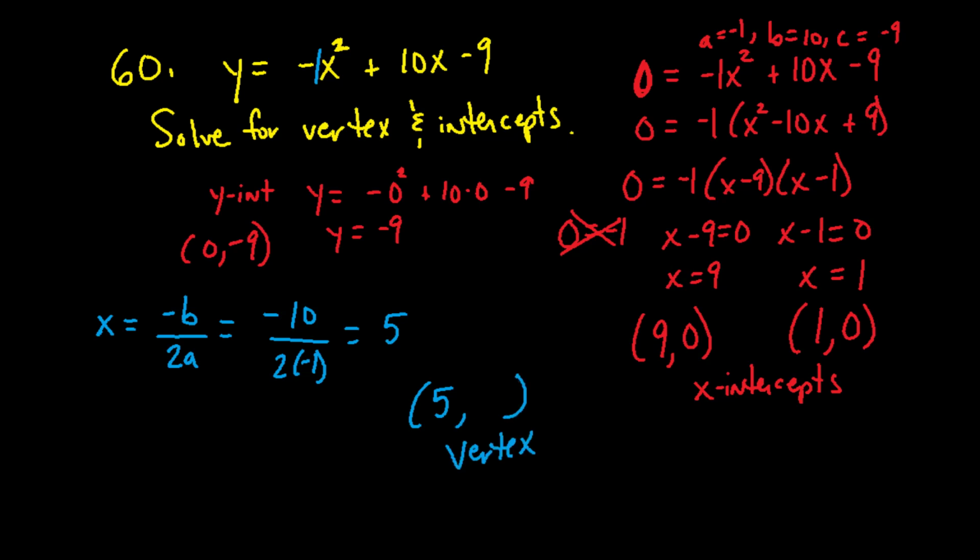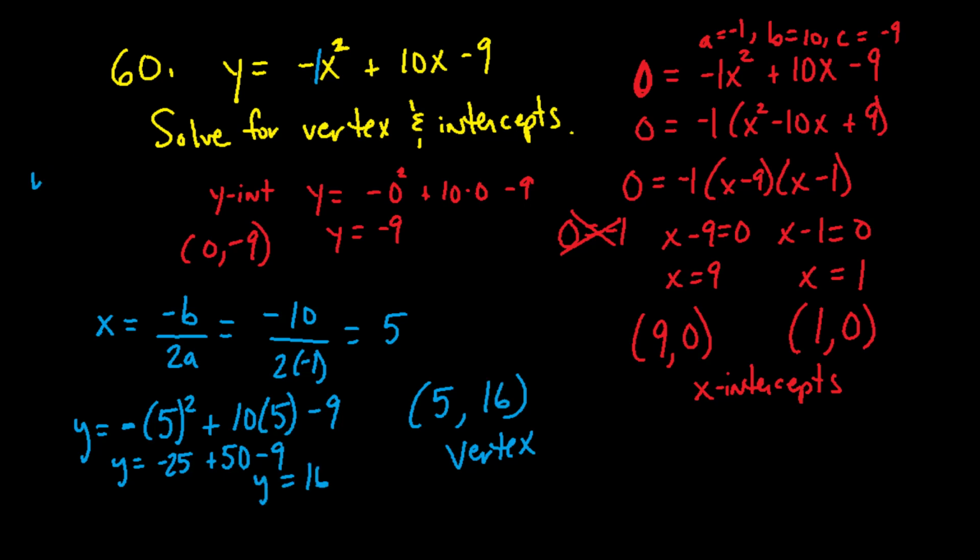We just need to find the y-coordinate of the vertex by substituting 5 into the original problem. So y equals negative x squared, meaning negative 1 times x squared. Our x that we're plugging in here is 5, plus 10 times 5 minus 9. So we get negative 25 plus 50 minus 9, and 25 minus 9 is 16.